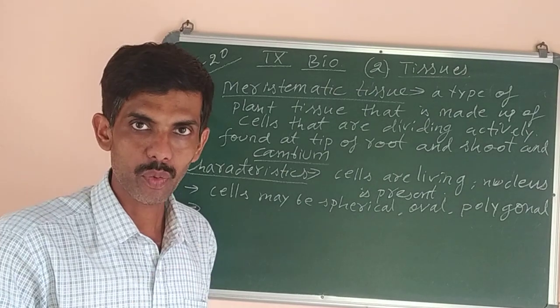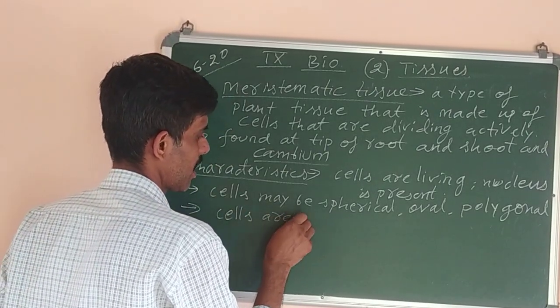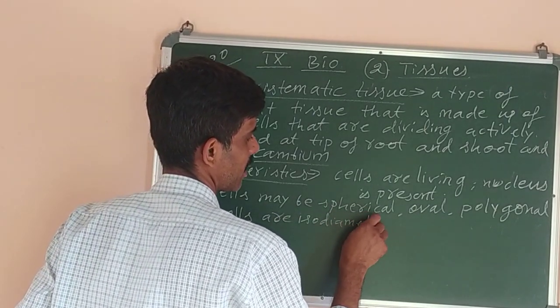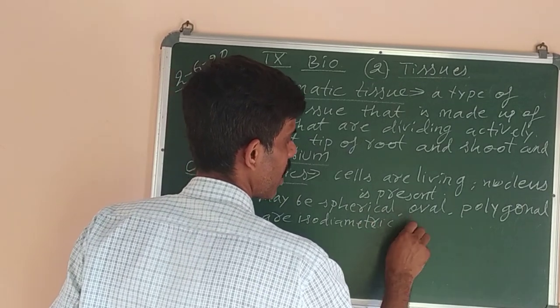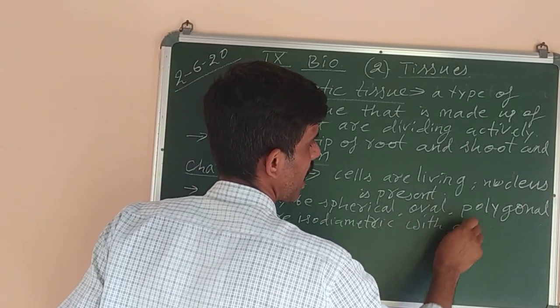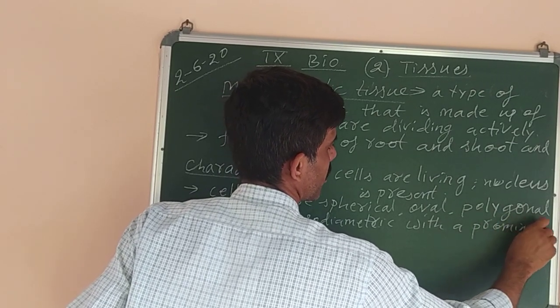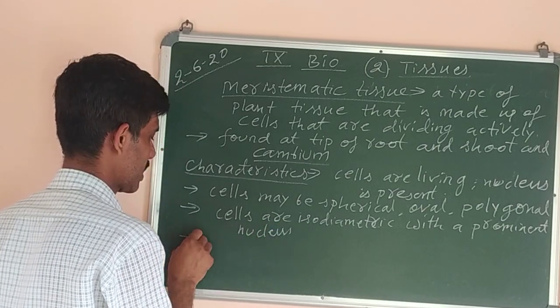Isodiametric means they have equal diameter. Cells are isodiametric with a prominent nucleus.